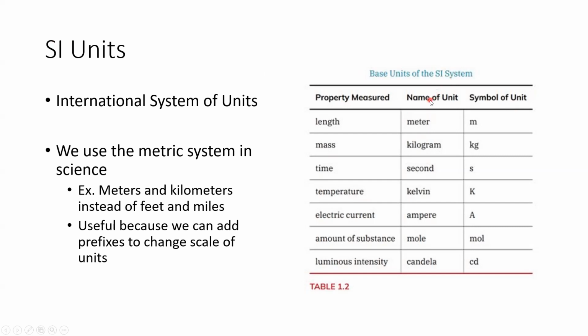And with it, there's specific units that are kind of like the basic unit for whatever that measurement's going to be. So you can see a handful of them here. Length, the SI unit, so the base unit essentially for length is going to be meter. Mass is going to be kilogram. Time, seconds, temperature, Kelvin.